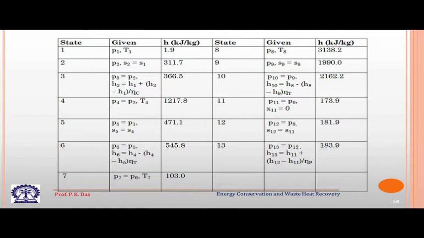So, let us proceed. I draw your attention to the PPT, and if you recall from your earlier class, 1, 2, 3, 4, 5, 6 represent the points on the gas turbine cycle.